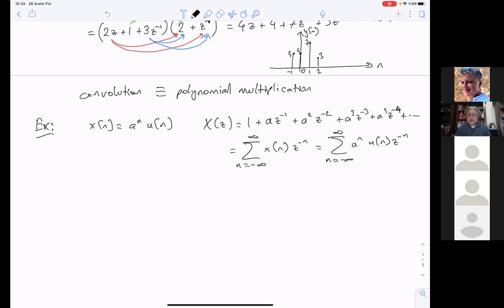This is the formal definition of the Z transform. And that is equal to the sum over n from 0 to infinity, because there is a u of n here, which forces the summation to start from 0. I have a to the n, z to the minus n.